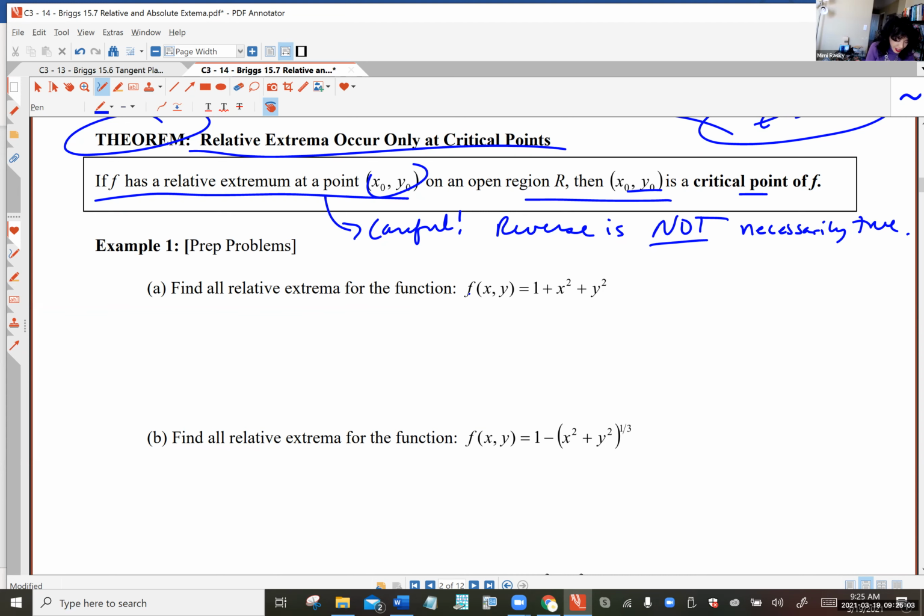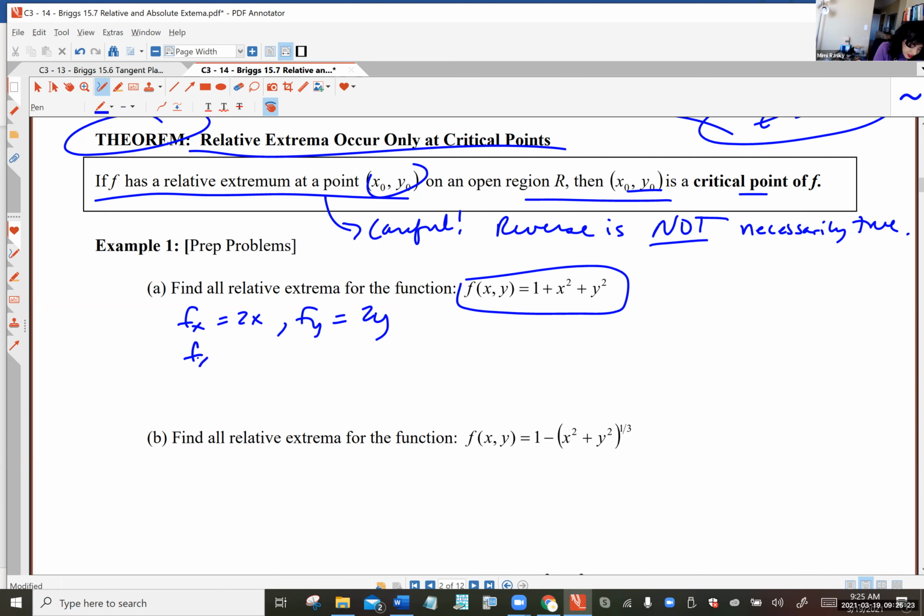All right, so here we have some surface given by f(x,y) equals 1 plus x squared plus y squared. Let's find relative extrema the quick way. You first get your partials: I get 2x for the partial with respect to x, and the partial with respect to y is 2y.